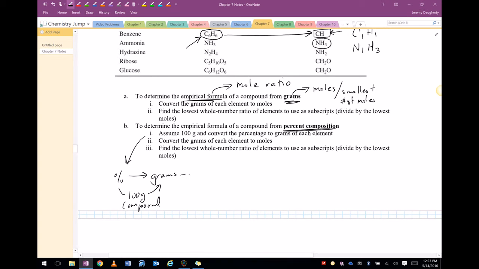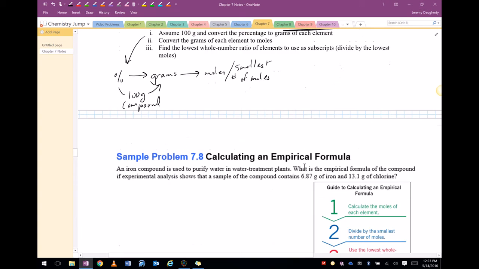Then once you have grams, you again convert to moles, and then divide through by the smallest number of moles. Once you go through some of the video problems, I think you'll be okay. Empirical formula is very important. You'll use it the rest of the year, and you'll use it a lot in AP chemistry as well. A lot of kids tend to forget it, so make sure that you have that.